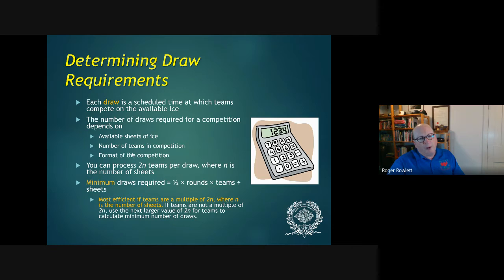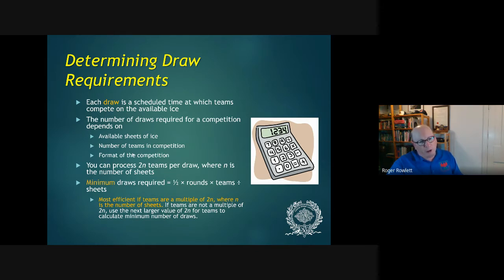And so if you want to figure out quickly what the minimum number of draws is for running a competition, then there's a little formula for you. It's 1/2 times the number of rounds required, that's depending on the number of teams, times the number of teams you have divided by the number of sheets you have. And that'll tell you how many scheduled ice times you need to complete your event as a minimum.